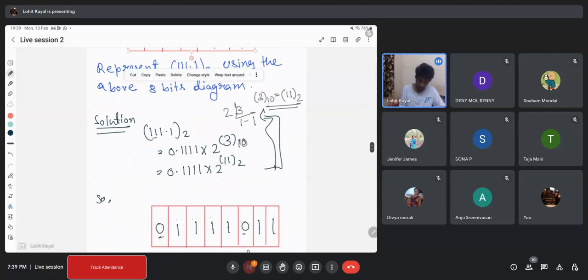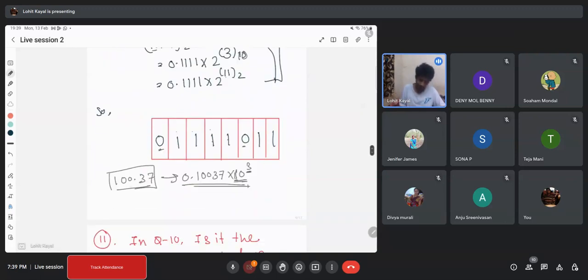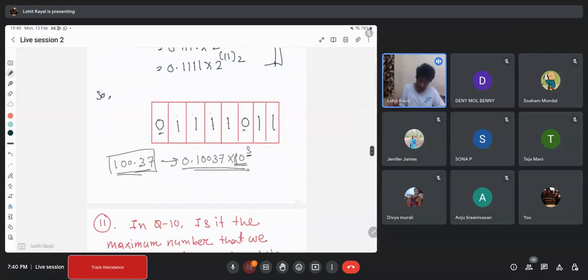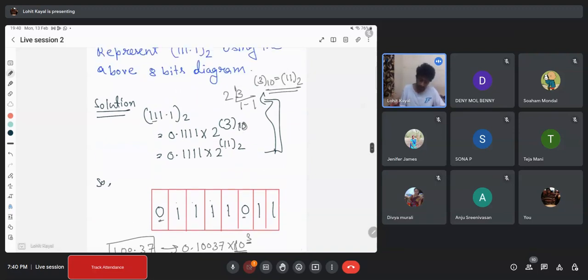Now the solution for 111.2. Here we always have to convert it to the normalized form. Like I have told, suppose I have a number 100.37. We can write it in the normalized form as 0.10037 into 10 cube. Similarly, in this case we can write 0.1111 into 2 to the power 3. Now remember, this 3 is not in the binary basis, this 3 is in the decimal basis. We have to convert it to the binary basis, and in the binary basis 3 is 1 1.